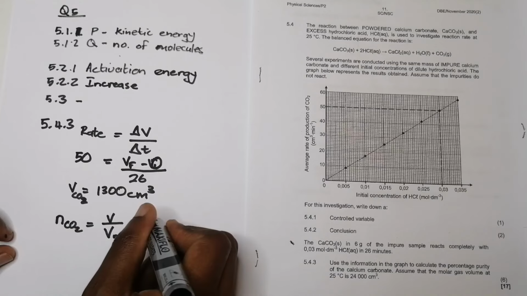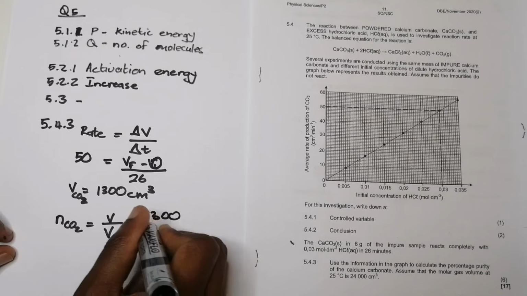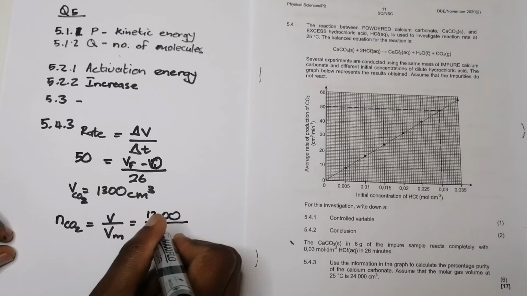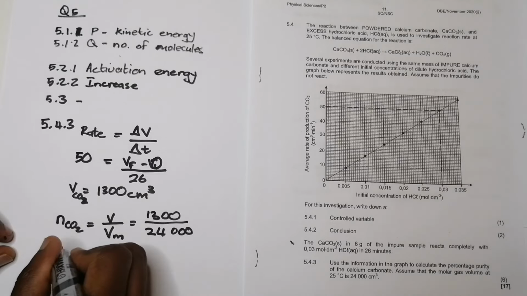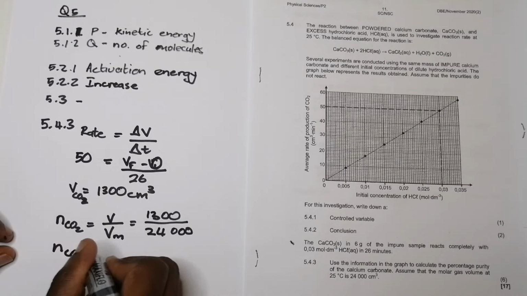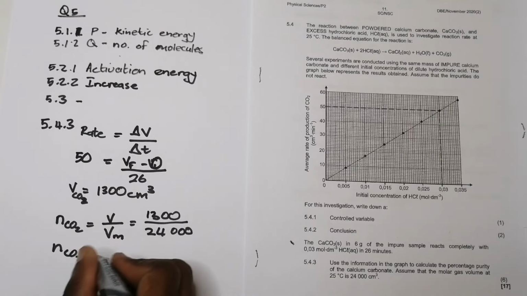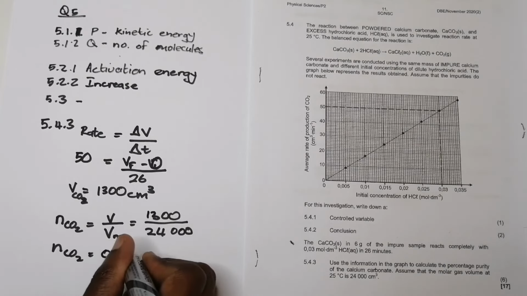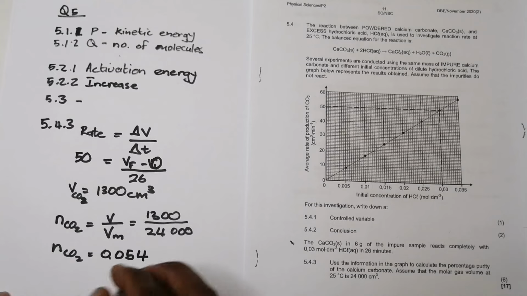So in this case, this is 1,300 divided by 24,000. So what are the number of moles of carbon dioxide that were actually produced? This is divided by 24,000, and I get 0.054. I'm going to just keep that answer there.